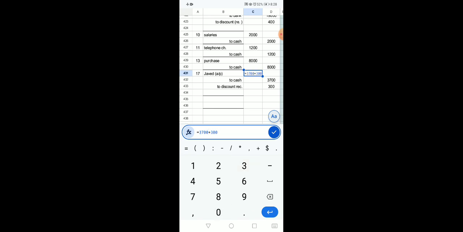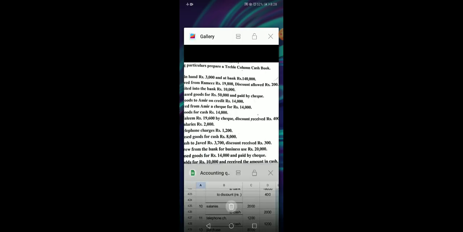We will add both, and finally we will write the sum of the credit side. You summed up 3700 and 300, and the total amount 4000 you have mentioned in front of Javed. In this way, entry number 17 has been completed.